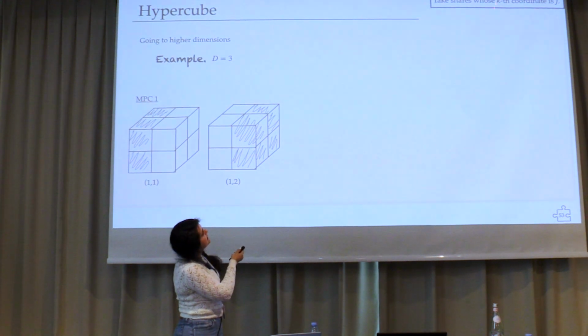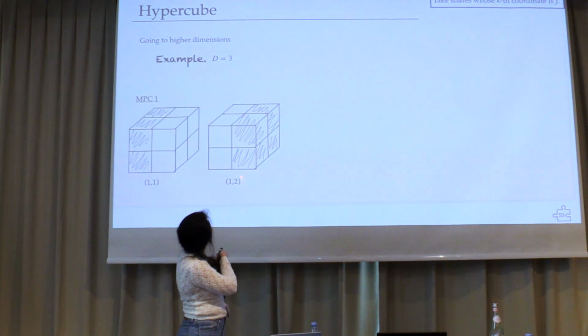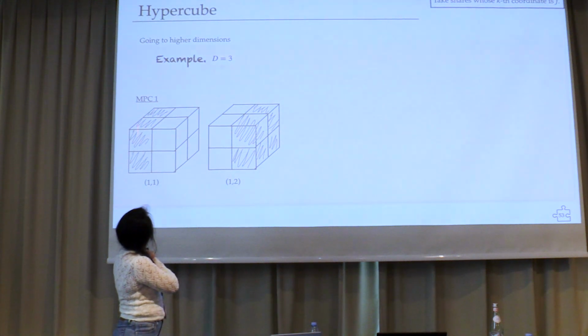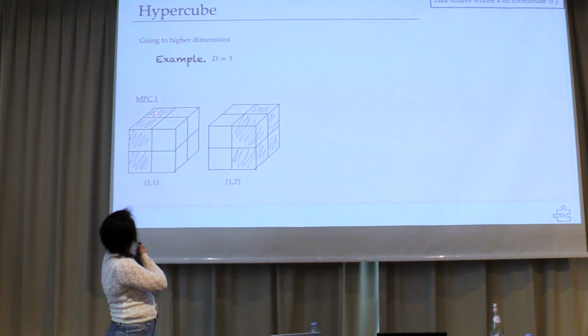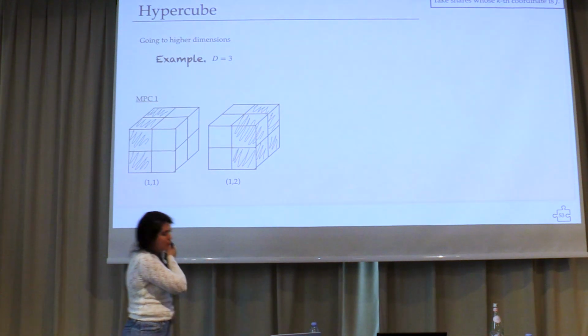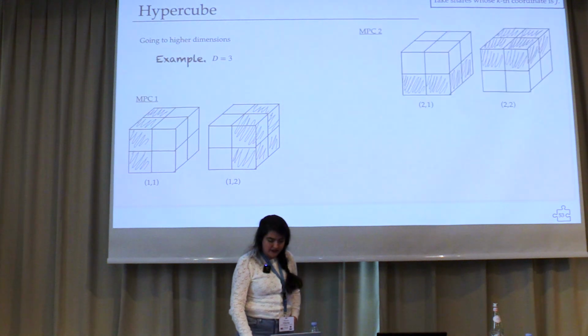It corresponds exactly to when I say the kth coordinate has to be J for the jth party. Here the first coordinate is 1, and everything where the first coordinate is 1, I sum up, so it corresponds to this side of the cube. And here I sum up everything where the first coordinate is 2, so it corresponds to this side of the cube, okay?